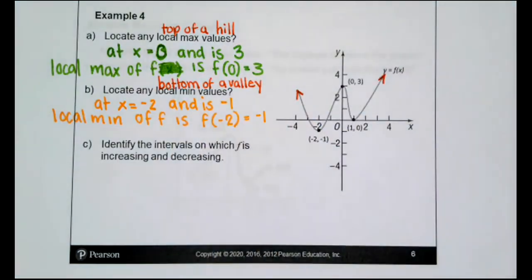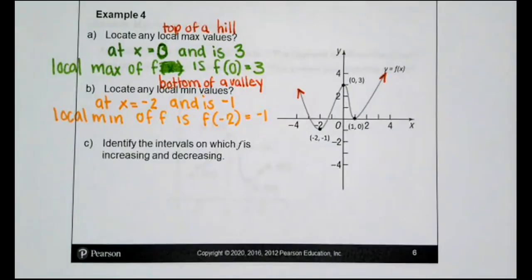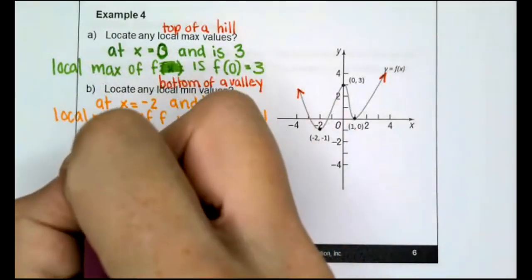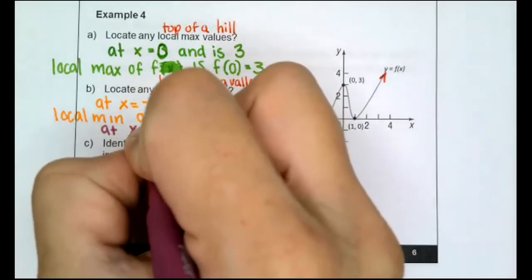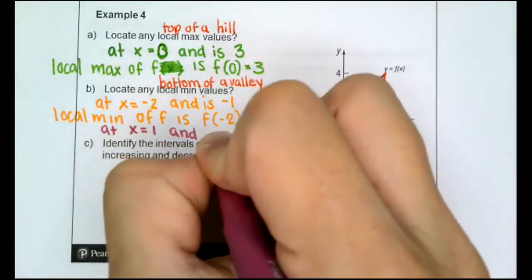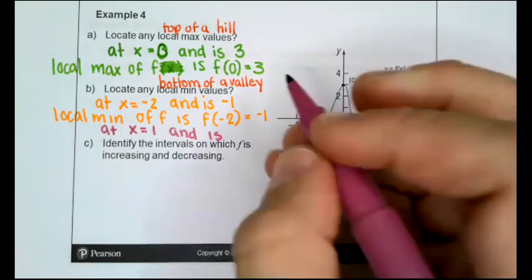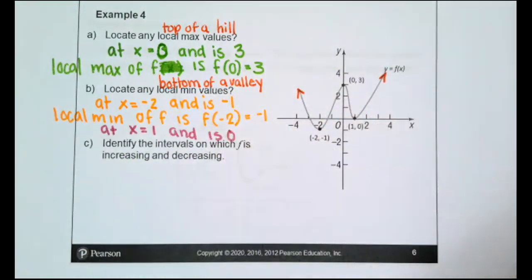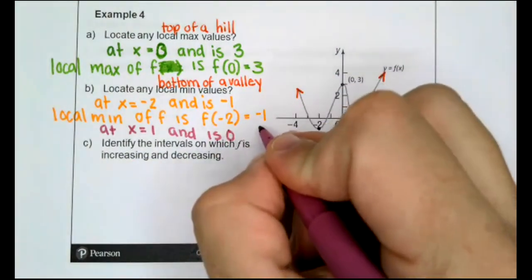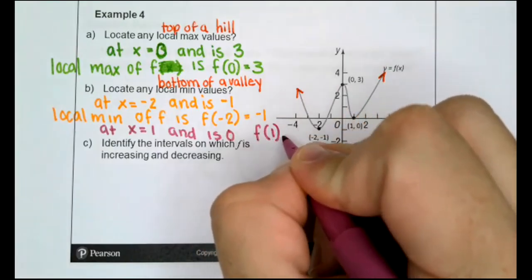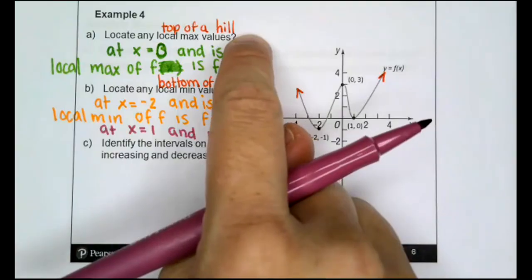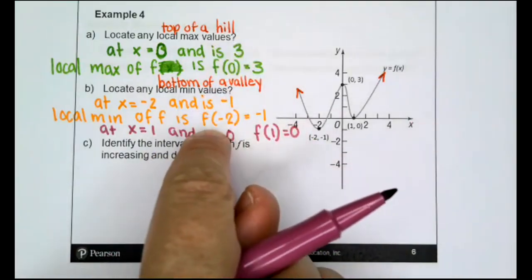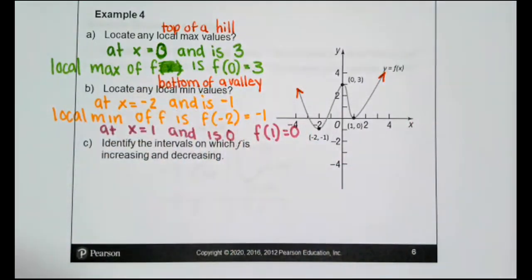And then we have one more. We have another one at x equals 1 and is 0 high, okay? Or f of 1 equals 0. So we have one local max, 2 local min. So you can have more than one.